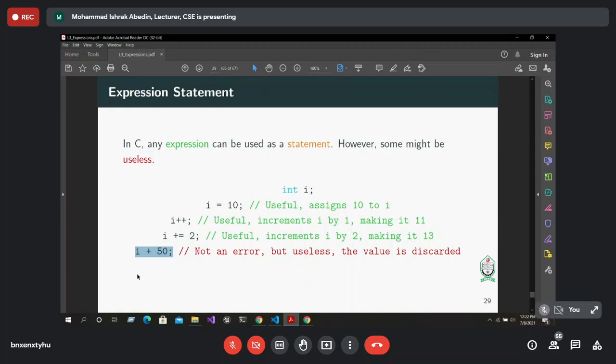No, sir. Right. So it will change nothing. So basically, this is just a stray statement in my whole code that is doing absolutely nothing. The compiler will still compile it fine. It will be evaluated to just 63, but then the value will be discarded, right? We're not using that value. So this type of statements are not errors, but they are useless. So you do not need to write these kinds of things.